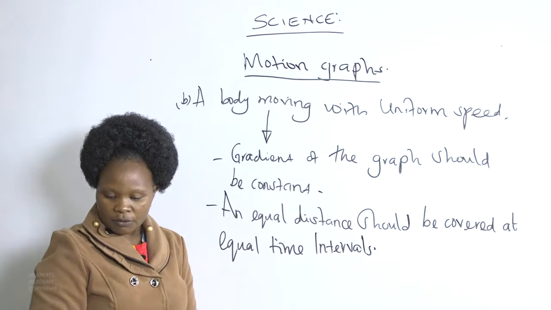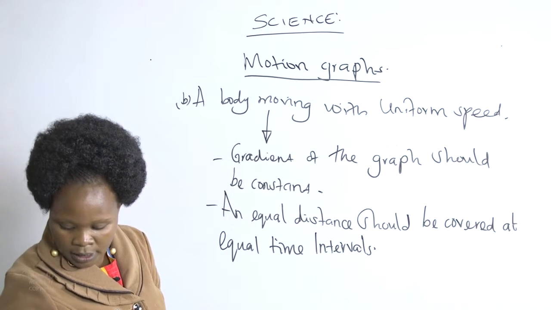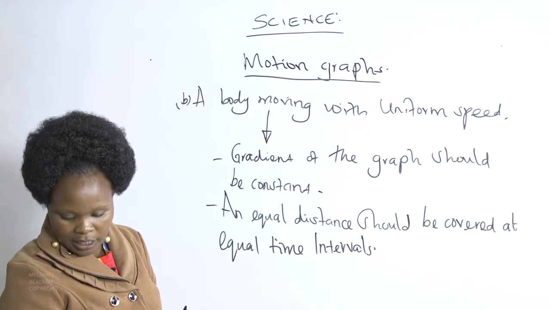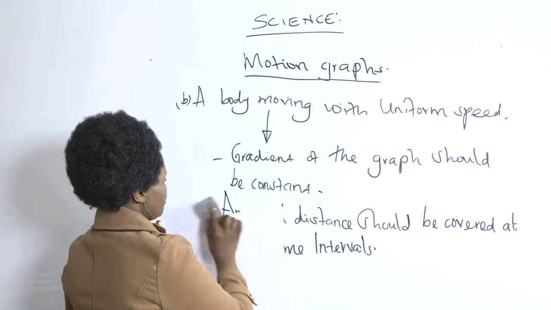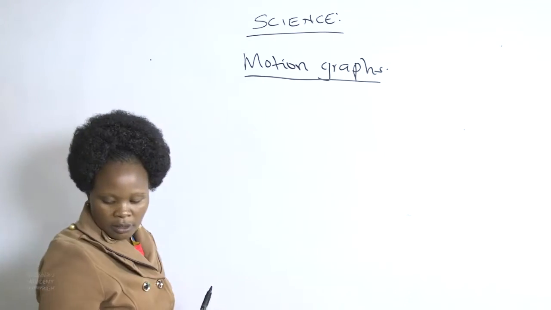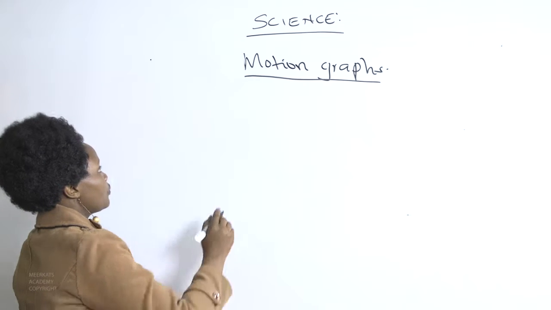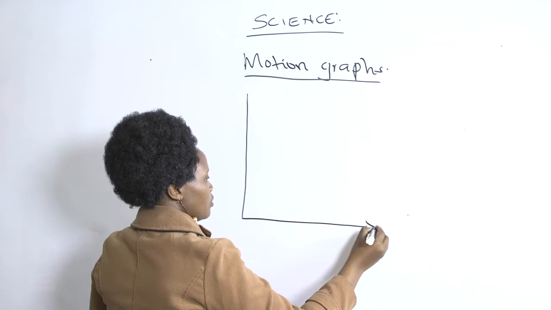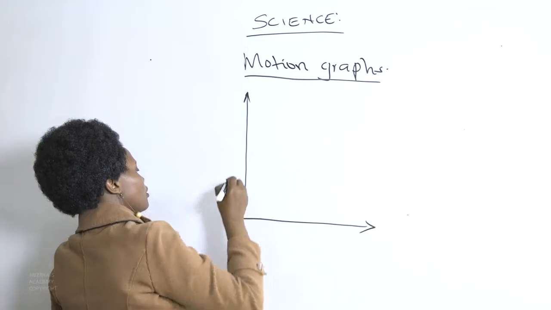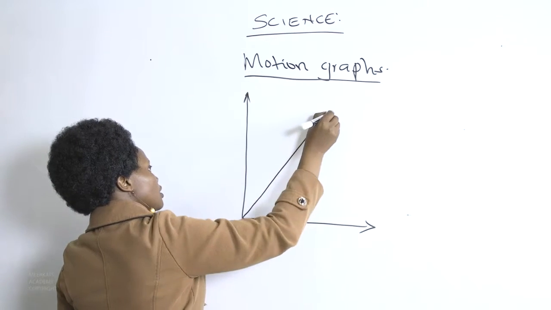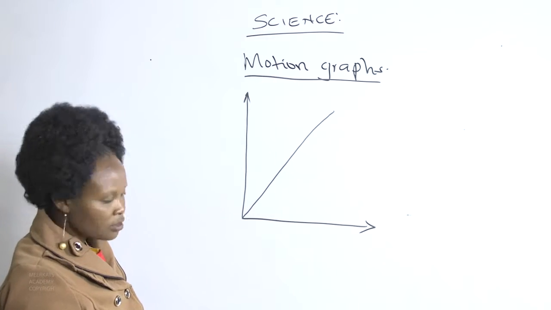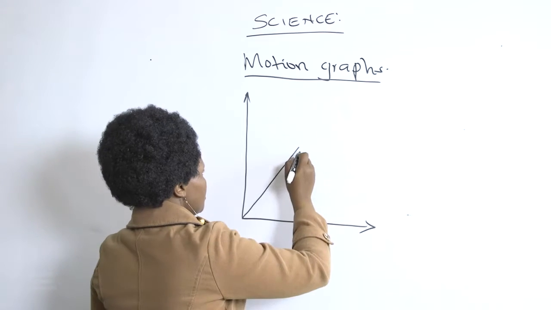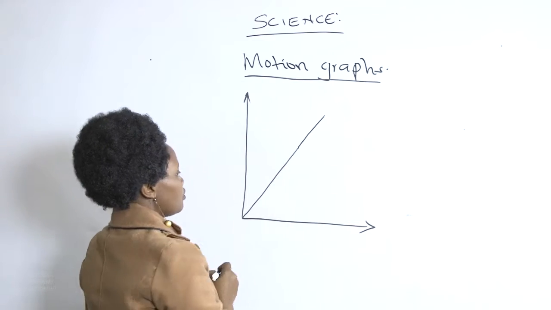At equal time intervals, the body covers equal distance, and therefore the graph of this particular body will be a straight line through the origin.